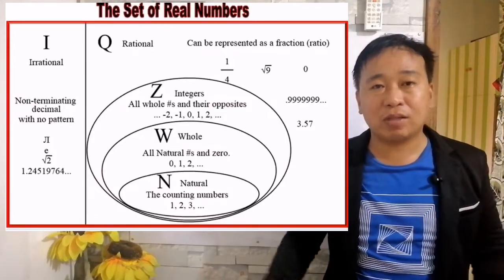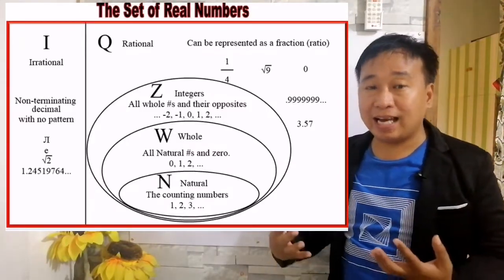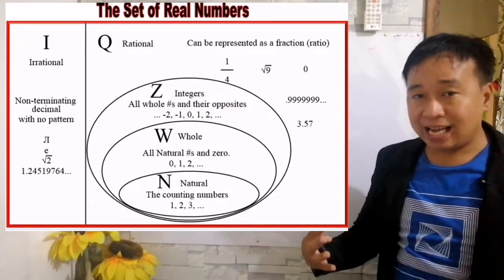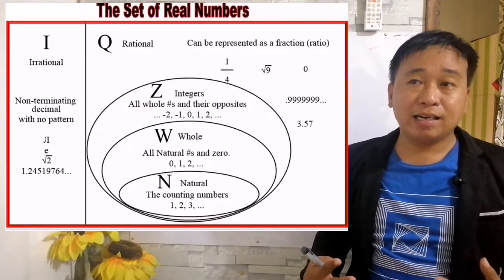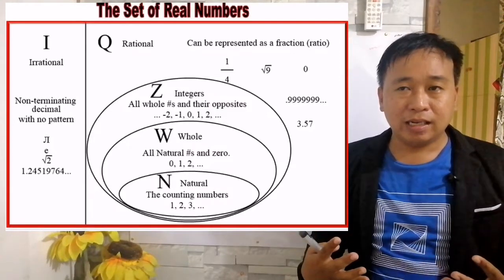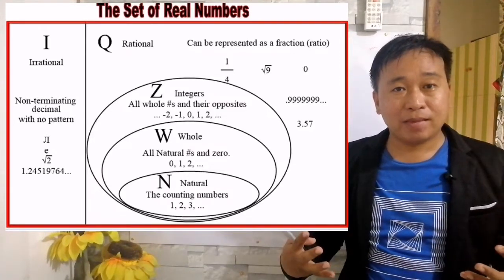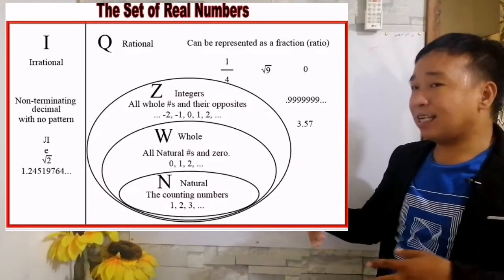So that is what we call integers, and it is represented by the letter Z. So why Z? Because Z stands for Zahlen, a German word which stands for integers. That is Zahlen.